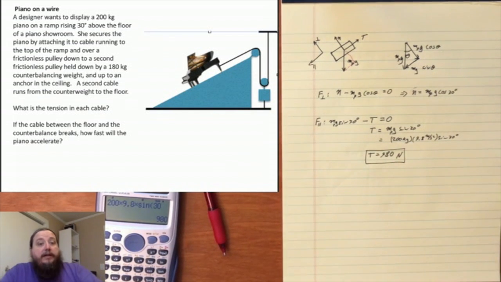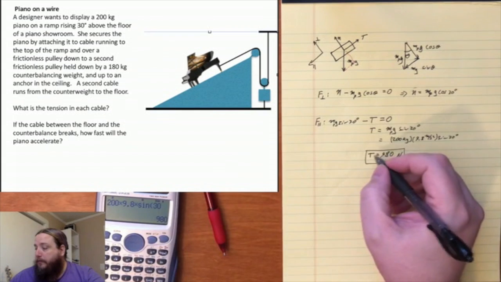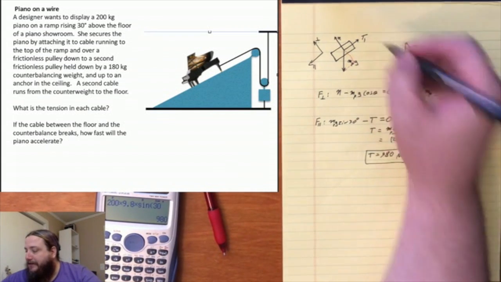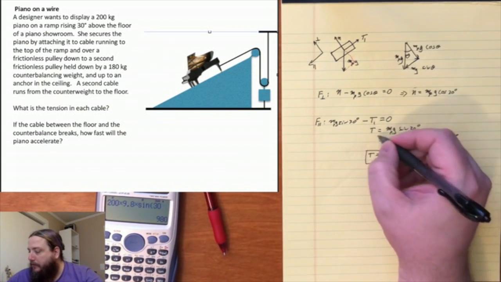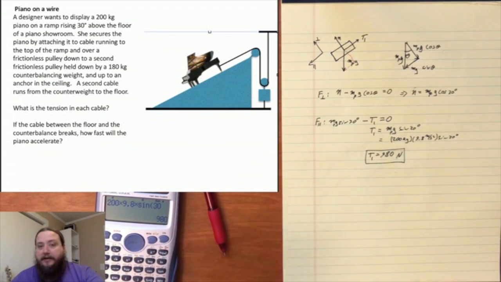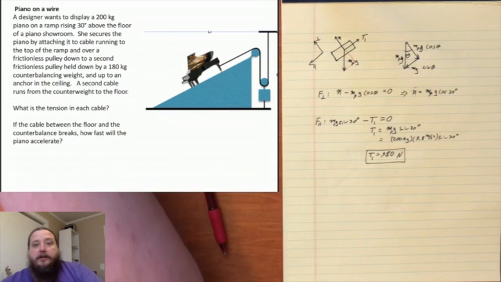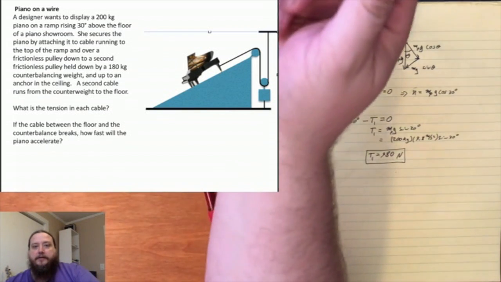All right, we didn't even have to discuss the counterweight to discover that the tension was 980 newtons. This is the tension, however, in the rope on the piano, so we're going to label that tension 1. Because there is this second cable here.